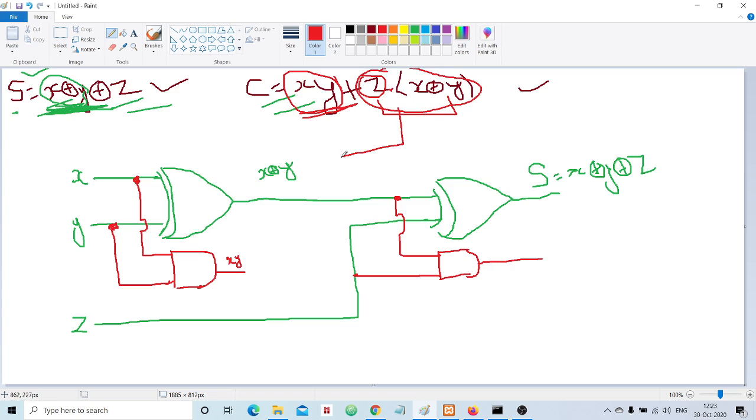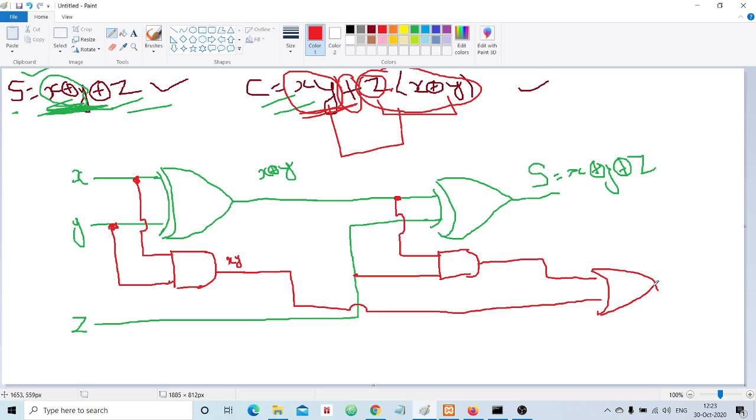Finally, this term and this term should be ORed, right? So we need to take this, bypass here, take this, bypass here, and take this term. Okay, and you have to perform an OR operation.